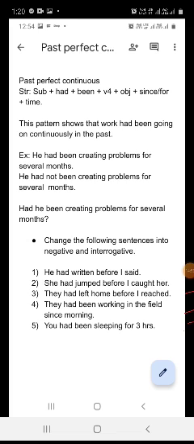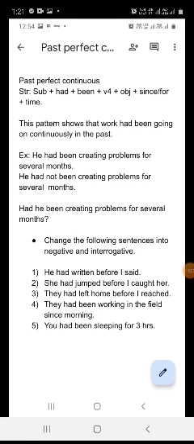Interrogative: Had he been creating problems for several months? क्या वो कई महीनों से परेशानी क्रिएट कर रहा था?